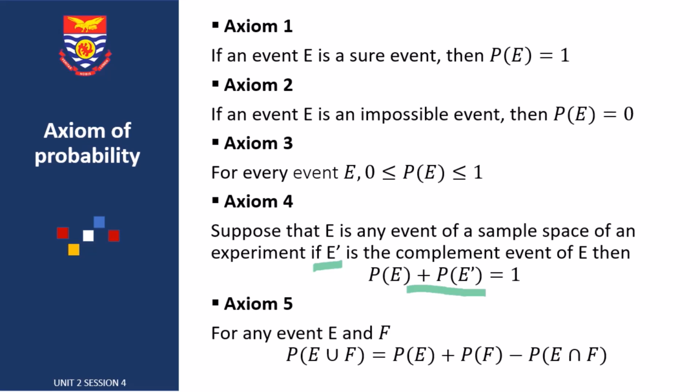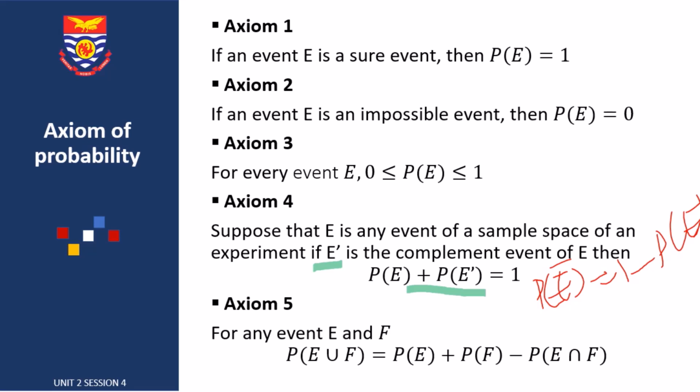It's even easier to get the complement when you know the probability. When you make a change of subject, the probability of the complement of E will be equal to 1 minus the probability of E itself. So if you know one of them, by the use of this equation, you can get the other one.